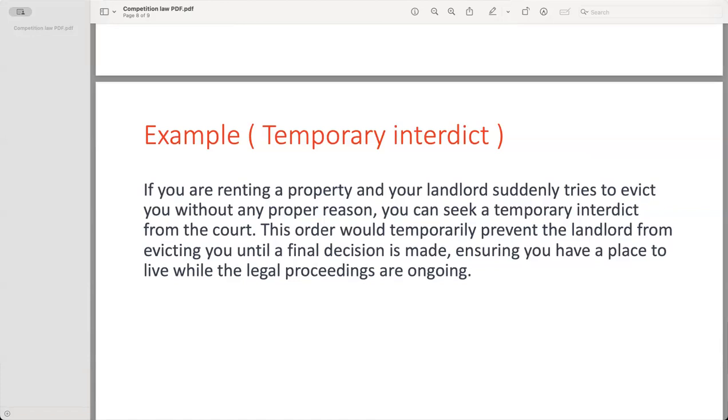And then when you apply for an interdict, any interdict, it means that there is no other remedy available. There is nothing else that you could have done. So your interdict should be the last resort.